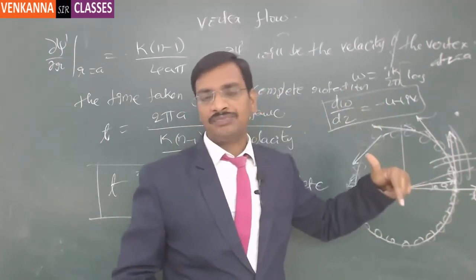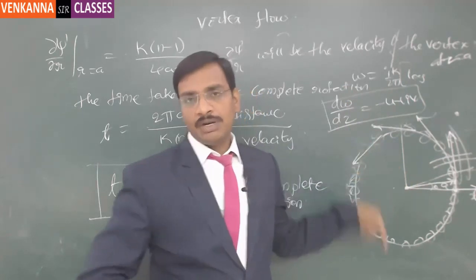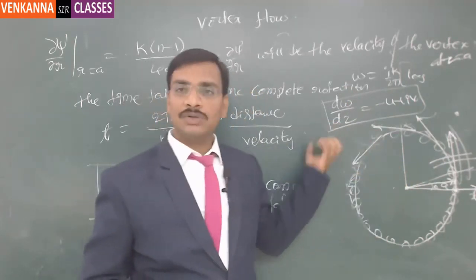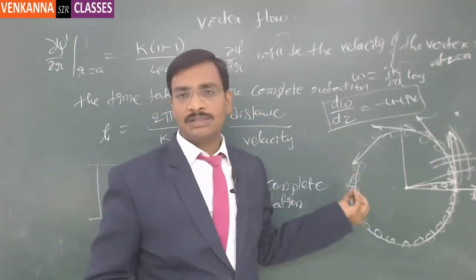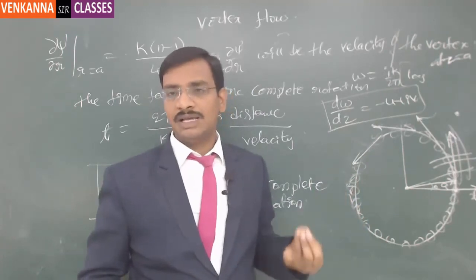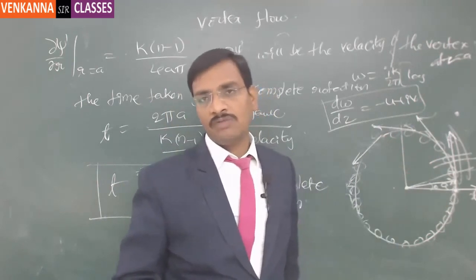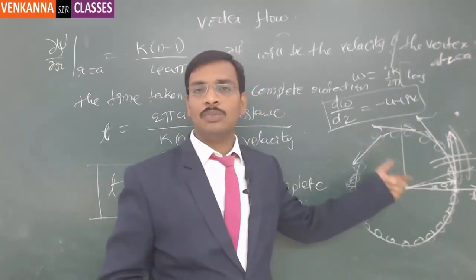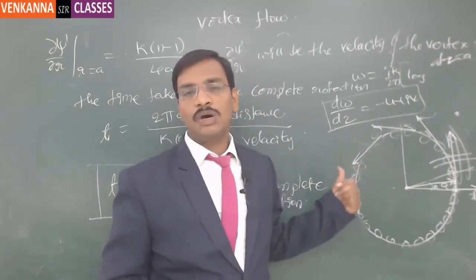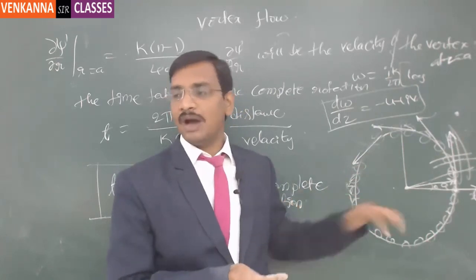From there, we adopted the approach of finding the streamlines. The derivative of the stream function, ∂ψ/∂r, gives the tangential velocity. That's what we found by separating the psi value, identifying the imaginary part of the other complex potential.